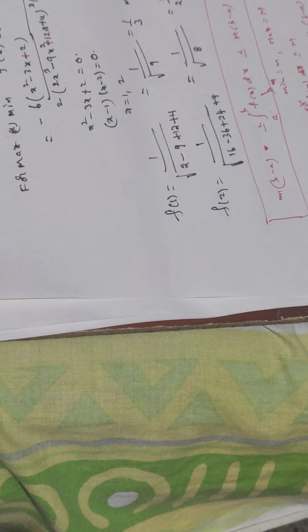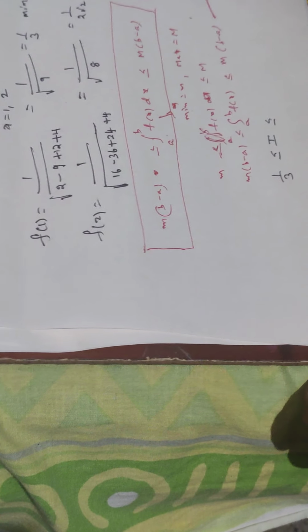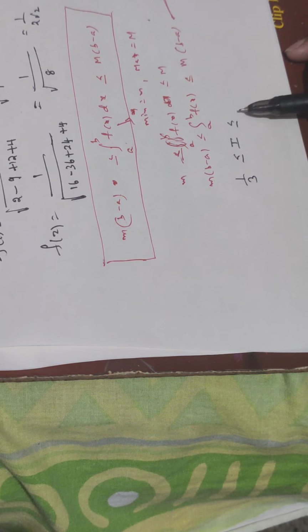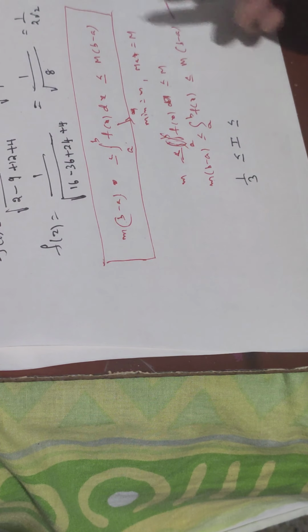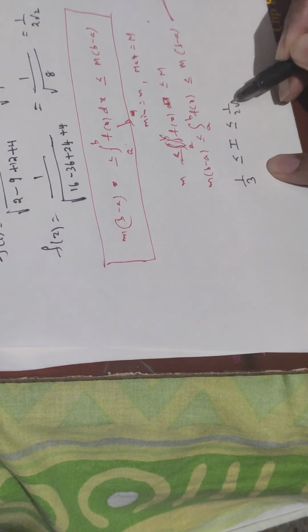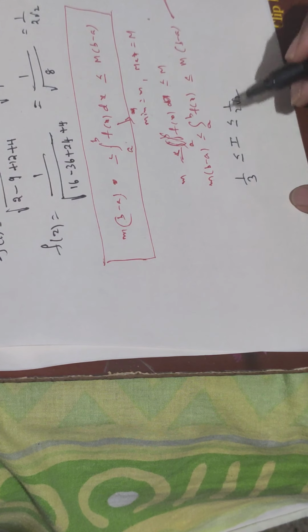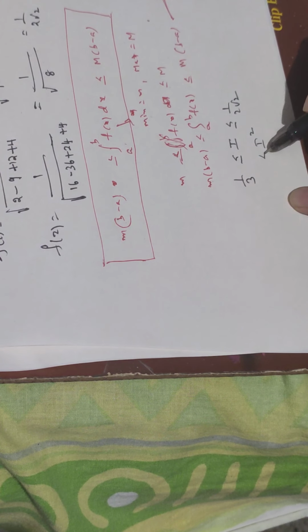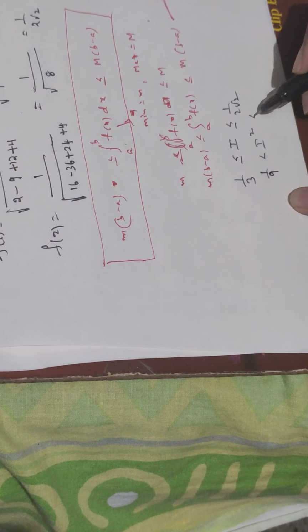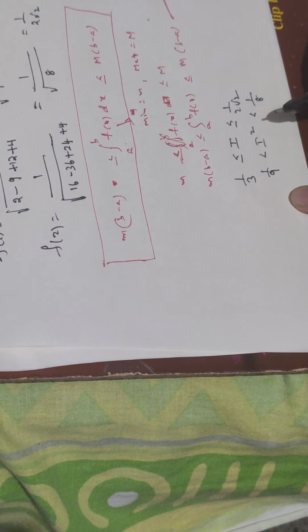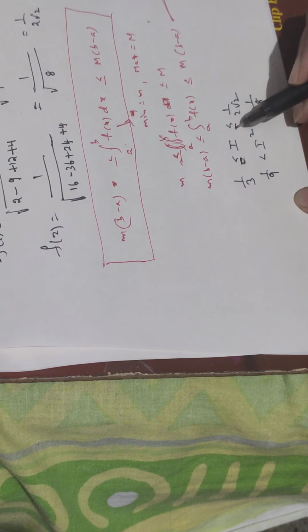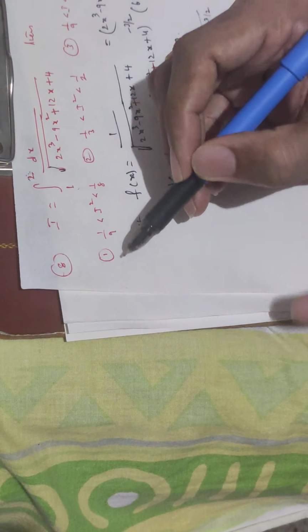So 1 by 3 is less than or equal to I, which is less than or equal to 1 by 2 root 2. Squaring, I square lies between 1 by 9 and 1 by 8. You can take strictly less than here. So the first option is correct.